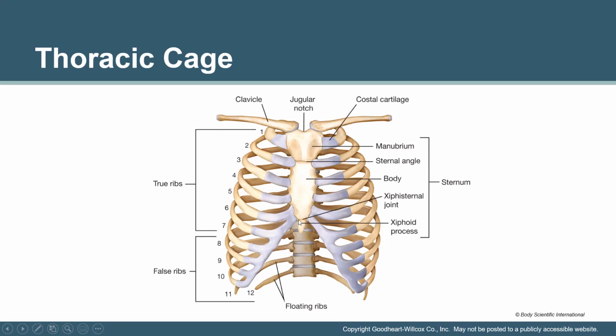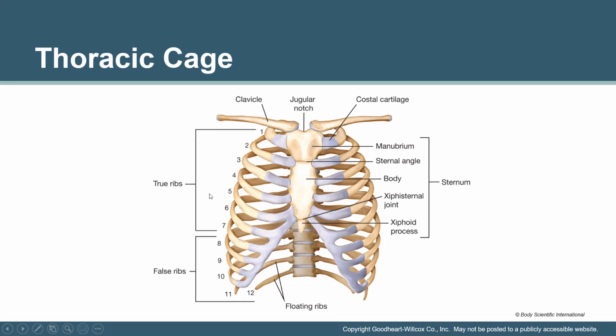The joint between the body of the sternum and the xiphoid process is called the xiphosternal joint. We have the clavicle, or your collarbones, connecting to the manubrium. Now you'll also notice within the rib cage, all the ribs will have cartilage that's connecting them to the sternum, wherever it connects to. This is costal cartilage.